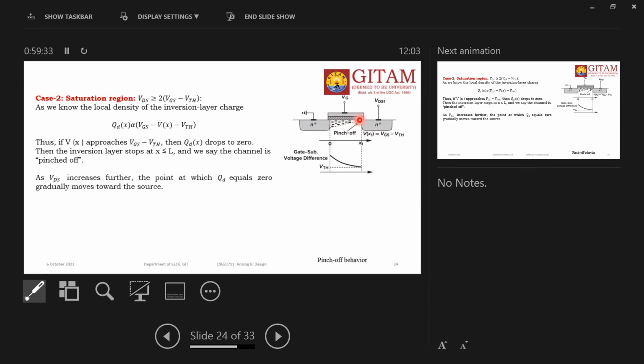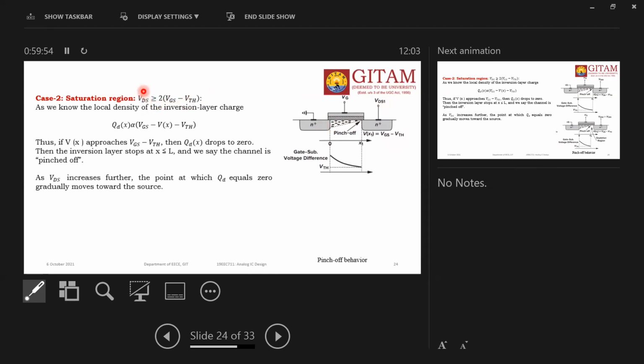As VDS increases, the point at which QD equals 0 gradually moves towards the source. If the drain potential increases further, what happens? I told you the condition is VDS greater than VGS minus VTH.